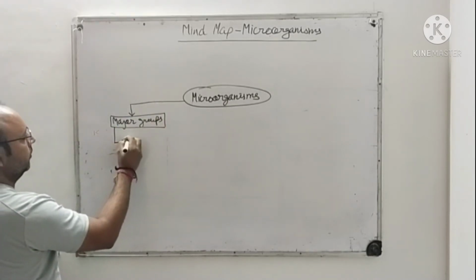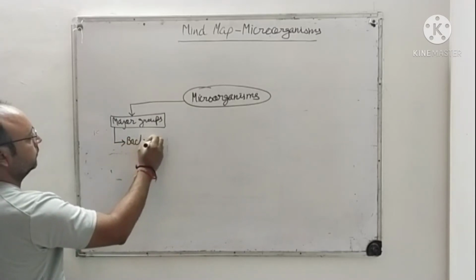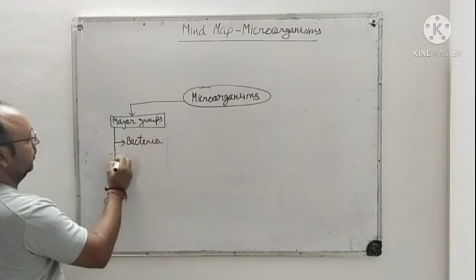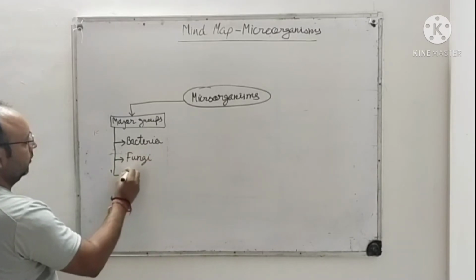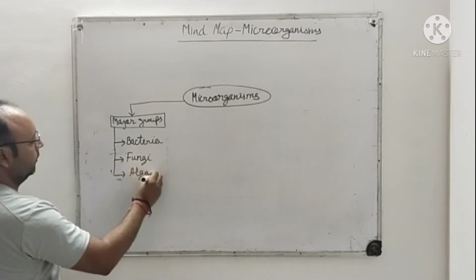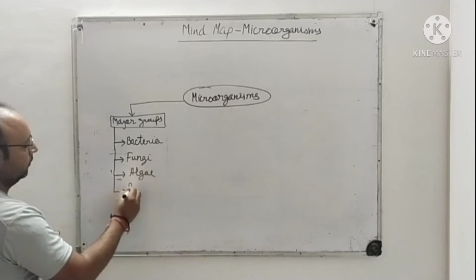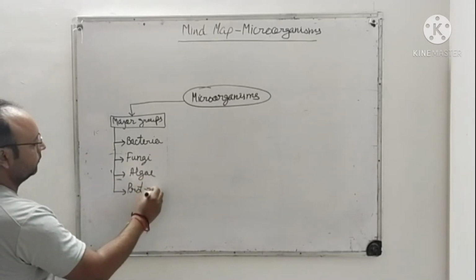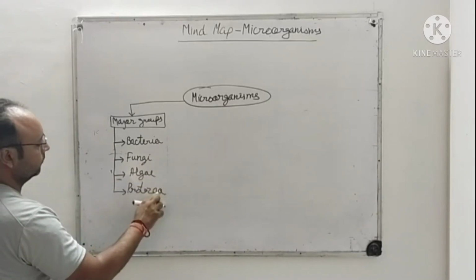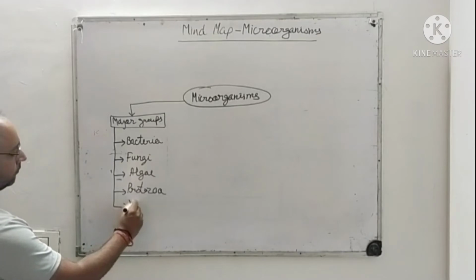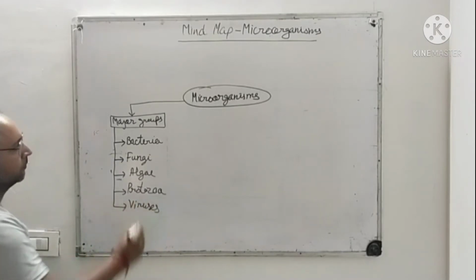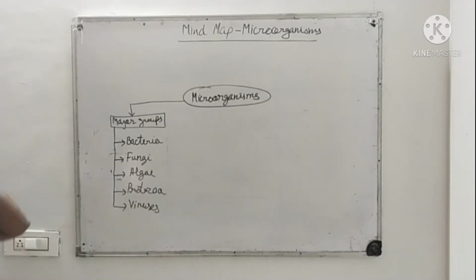First is bacteria, then we have fungi, then we have algae, then we have protozoa, then last but not least we have viruses. So these are the major 5 groups which we have studied.